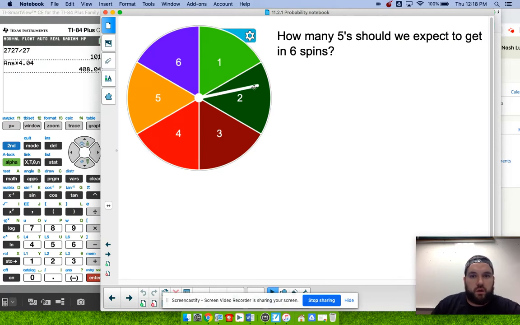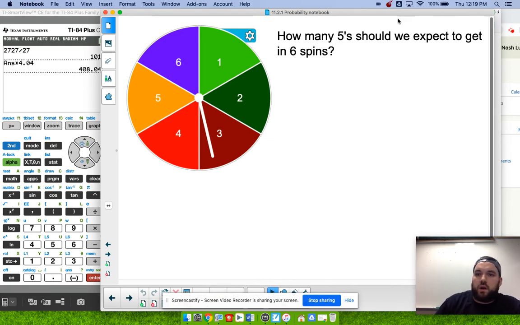I have to do this in a different window, but if I click on this spinner, I got a 1, 3, 5, so that's one 5. Another 5, that's two, and that was 4 spins, 5 spins, and 6 spins.